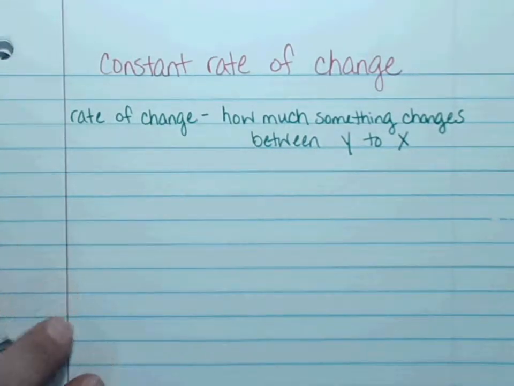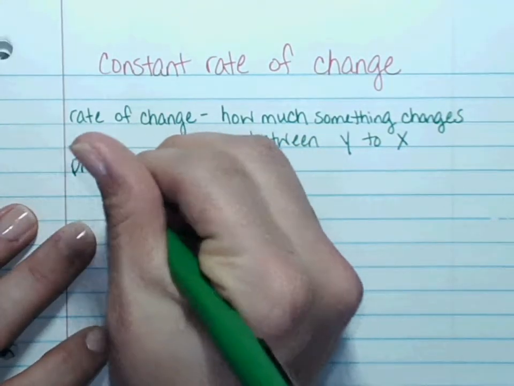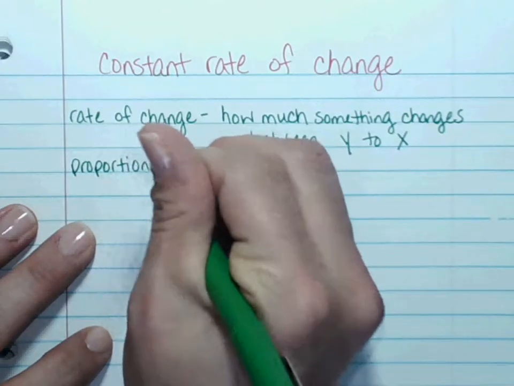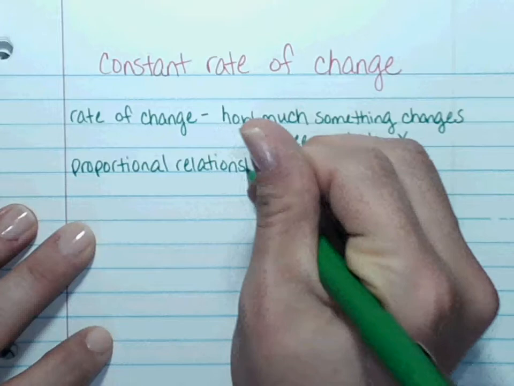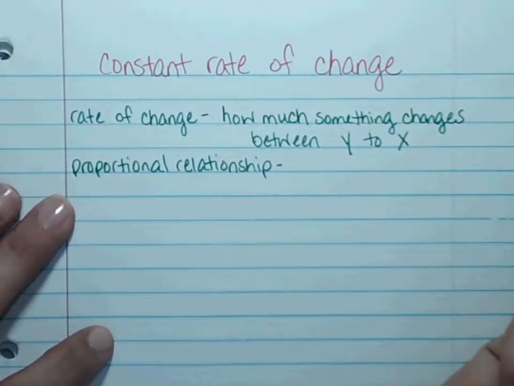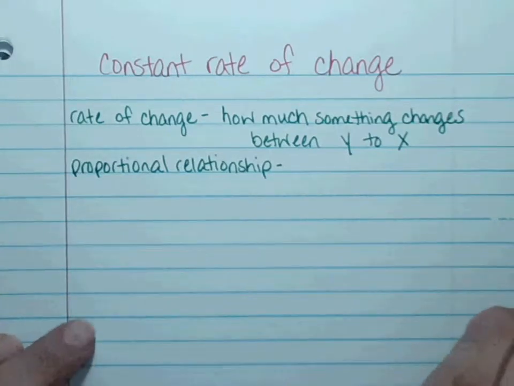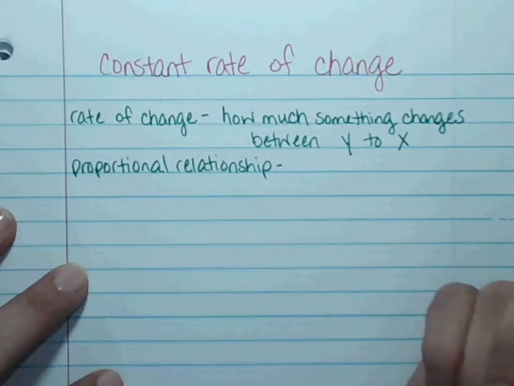Now, this is something you did learn last year, proportional relationship. A proportional relationship is a ratio of y to x that doesn't change.